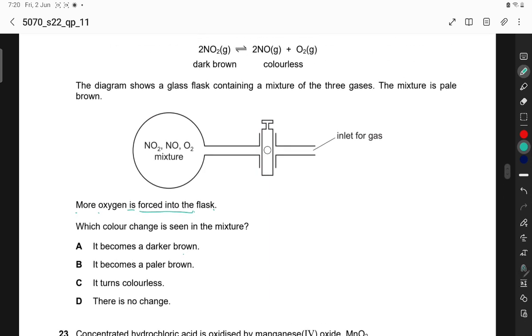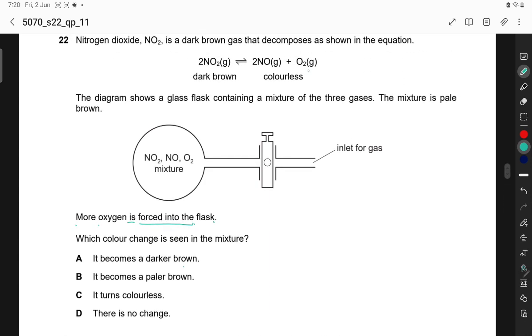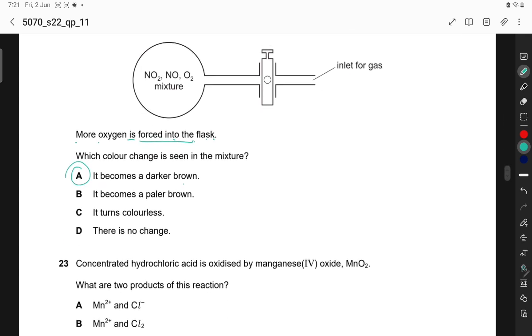When more oxygen is forced into the flask, the reaction will shift backward, to the left hand side, to the side where there is low concentration. So that's why the mixture is darker brown. A option is correct.